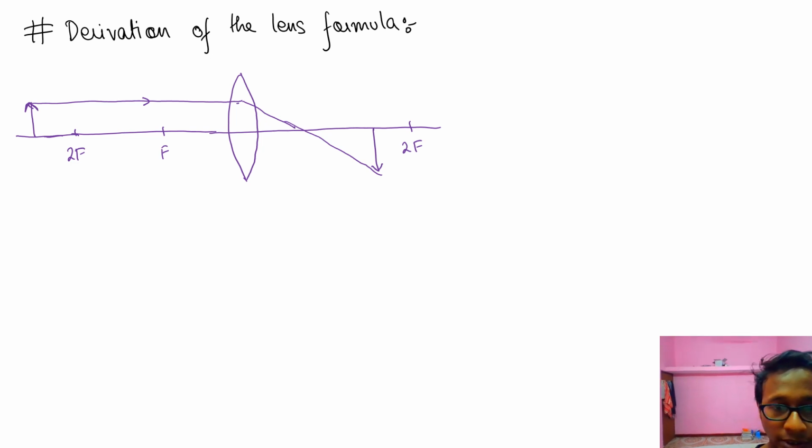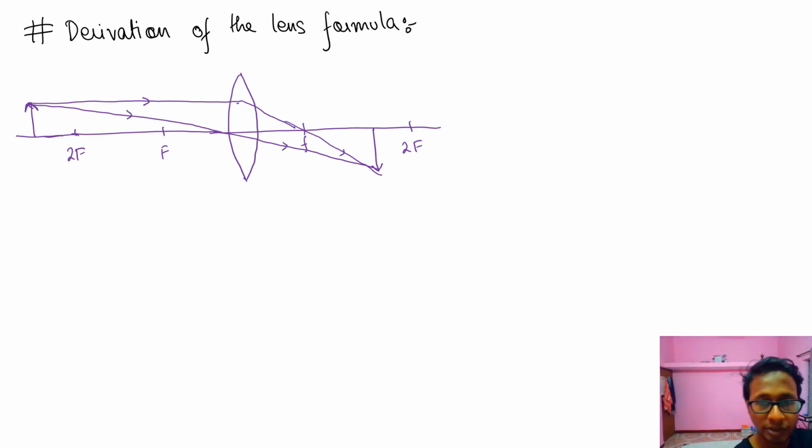The second ray passes through the pole and reaches the image. Now we are considering two triangles out here: triangle number 1 and triangle number 2.